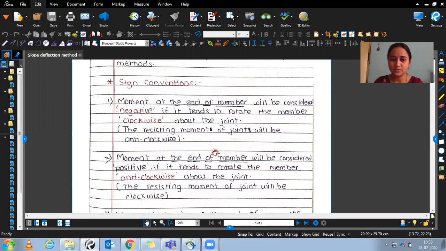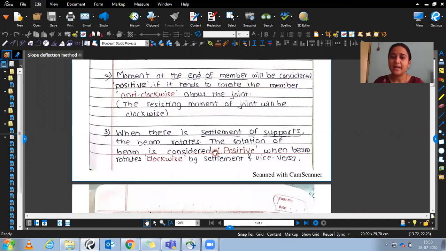This is the most important part for end moments. Now, if there is a settlement of support, settlement means sinking or some deflection of the beam with a particular delta. Settlement means the downward or upward displacement of a beam because of externally applied loads or internal stresses.